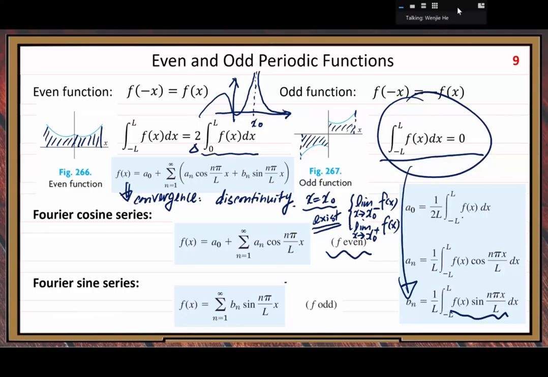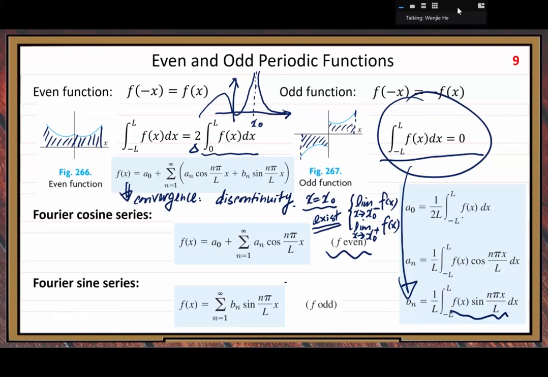So one of the two limits may not exist, right? That could happen when we talk about discontinuity points of a function.